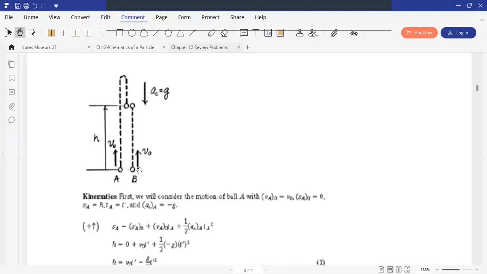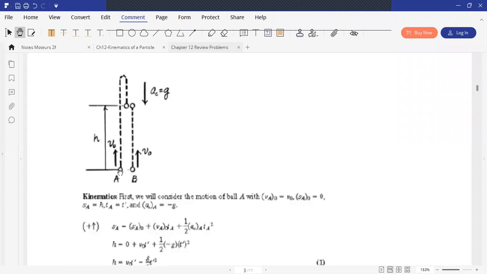Why? Because when B started, the time was already 2 seconds. So when the time becomes 10 seconds, B has moved during 8 seconds, which is 10 minus 2. Because A was launched before, the time of motion of A is higher than the time of motion of B.